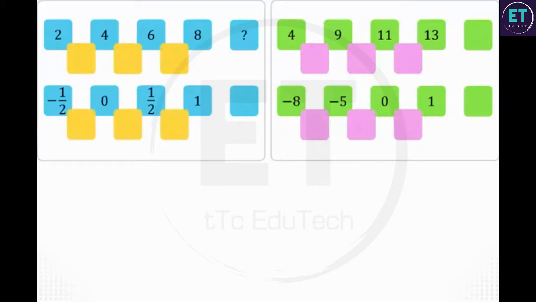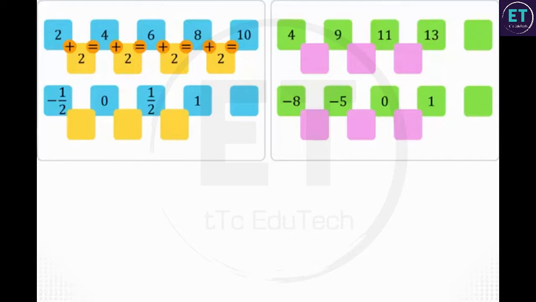For instance, 4 equals 2 plus 2, 6 equals 2 plus 4, 8 equals 2 plus 6. As you can see, the constant is 2. Therefore, fifth term equals constant plus fourth term, which is 10 equals 2 plus 8.